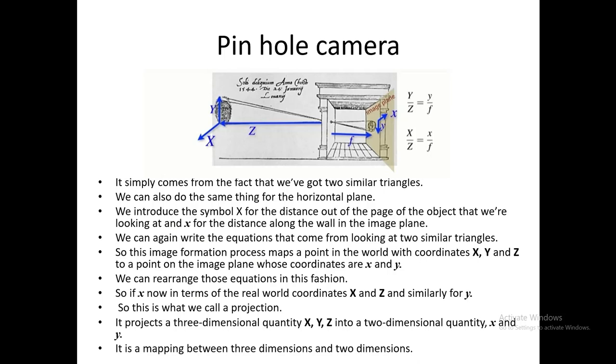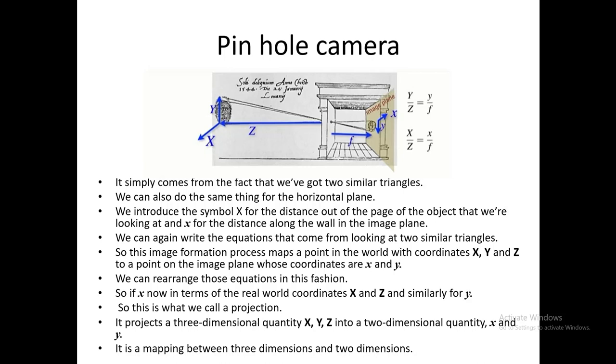We can also do the same thing for the horizontal plane, and we introduce the symbol x for the distance out of the page of the object that we are looking at, capital X for the distance and small x for the distance along the wall in the image plane.